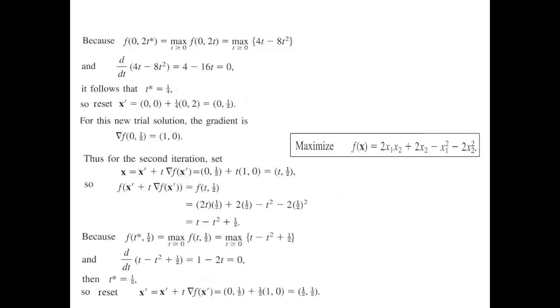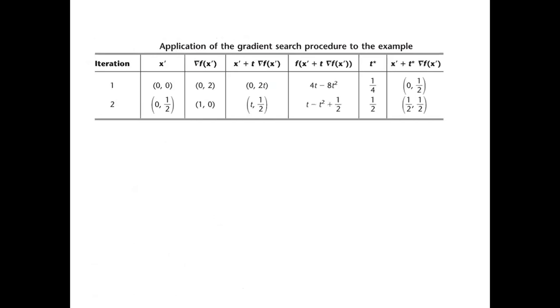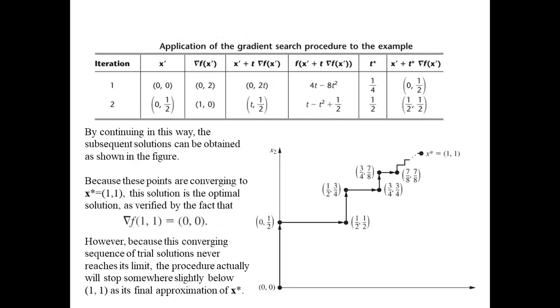Then you find, okay. So this is how it goes. This is the application of the gradient procedure. We have already seen it earlier. So as you can see the picture below, we move from 0, 0 to 0, half, and then the perpendicular direction towards this point, and then vertical, then horizontal, vertical, until we get close to the point x star, which is an optimum solution.